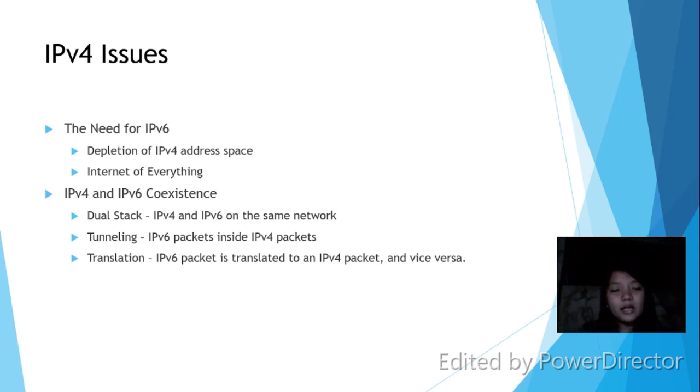Tunneling is IPv6 inside of IPv4, and translation is IPv6 translated to an IPv4 packet, and an IPv4 packet translated to an IPv6 packet.